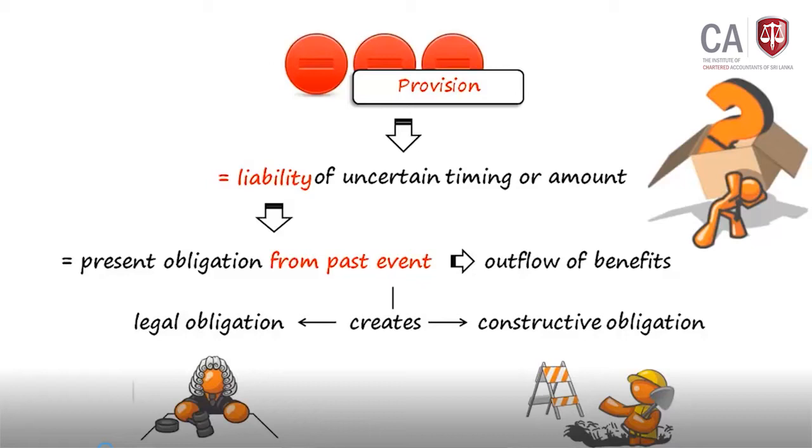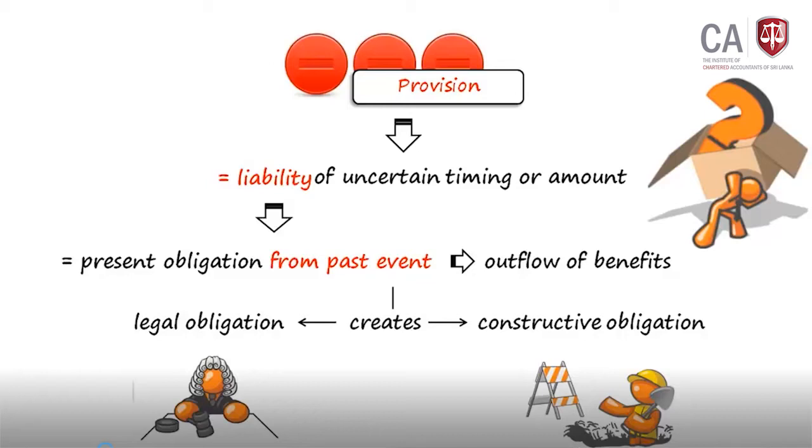Let's say you have done this much of sales, from that you expect this percentage as minor repairs or major repairs. Then for that amount you have to make a what? Provision. That is called constructive obligation. That's all about provision. In short, what you need to understand, provision is a liability of uncertain timing and amount.